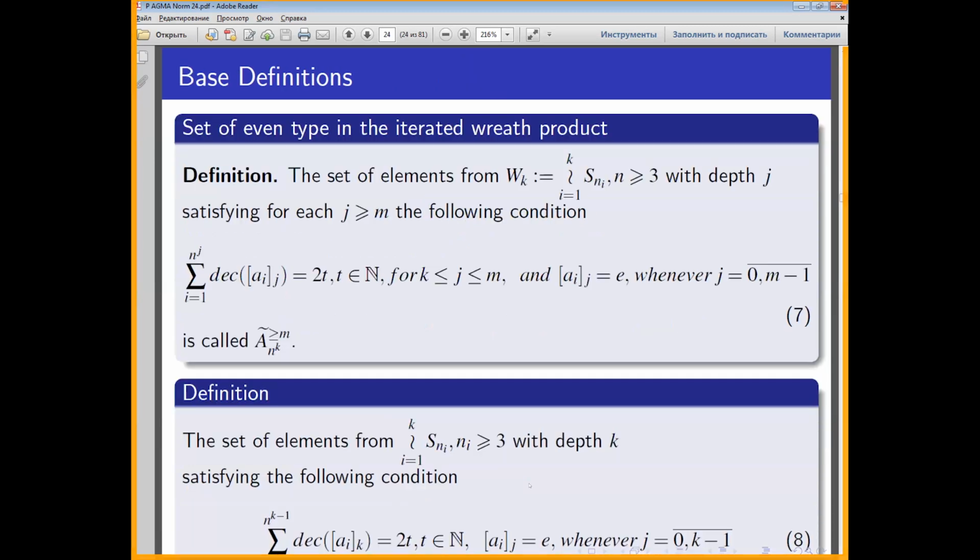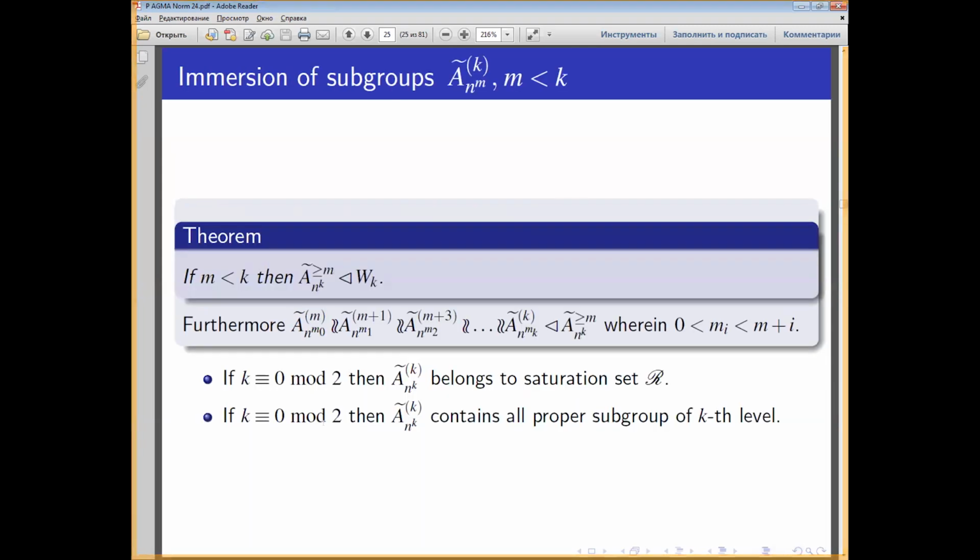We can define a more difficult group which has m minus k levels of non-trivial permutations, and on the last k minus m levels the following condition holds. The following condition of parity of the sum of decrements. And if we have such a group A tilde greater than m n power k, we can see that such a sub-Rias product is a normal subgroup of A tilde greater than m and k.